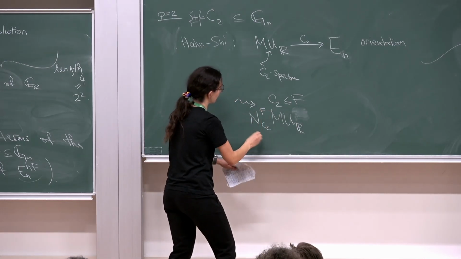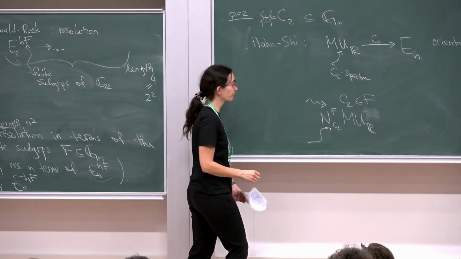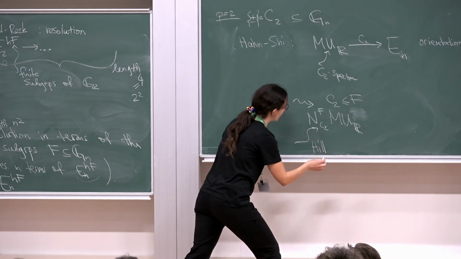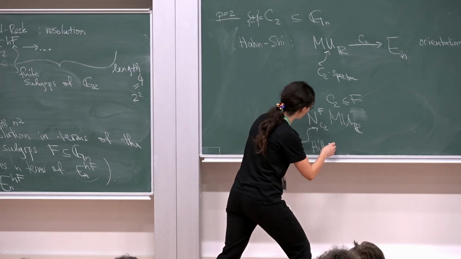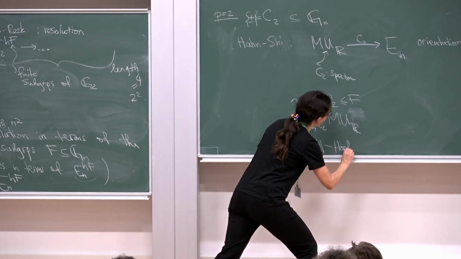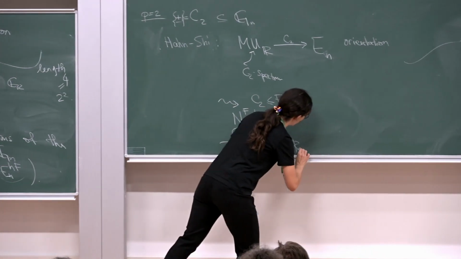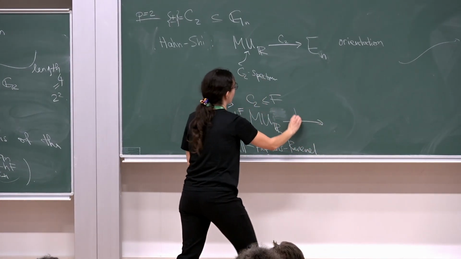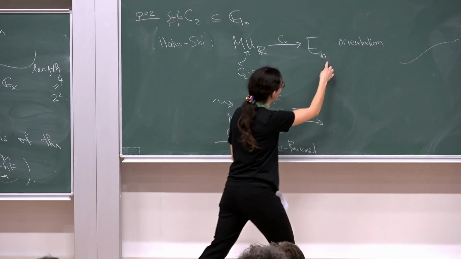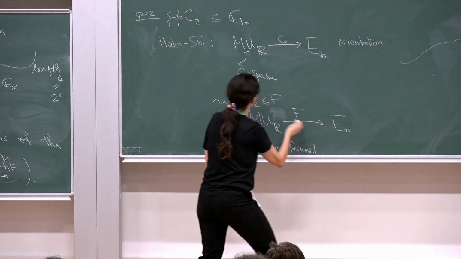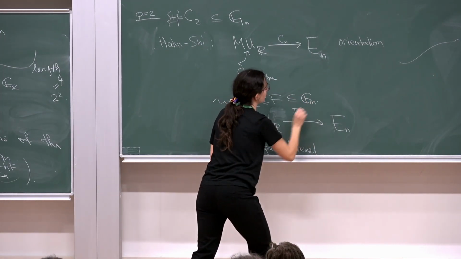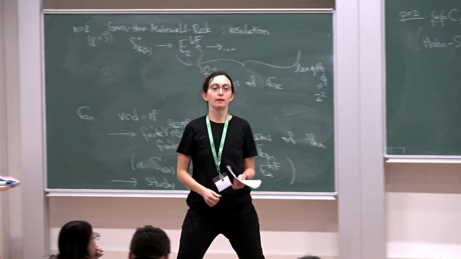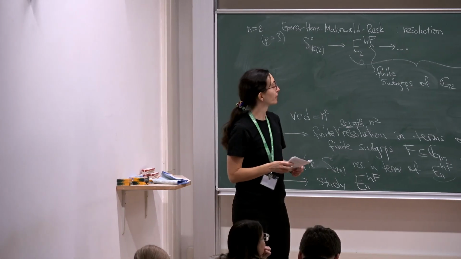This is a kind of object that features prominently in the Hill-Hopkins-Ravenel work on the Kervaire invariant problem. And so the C2 orientation then gives an F-equivariant orientation of E_n, because we norm up and then we multiply using this fancy multiplicative structure.